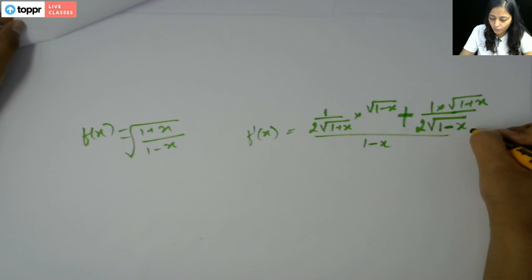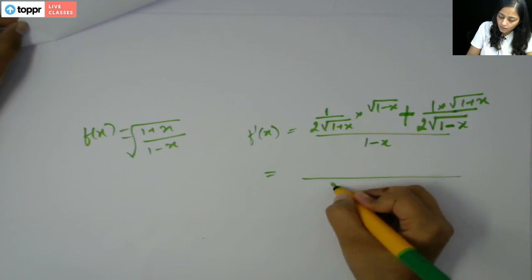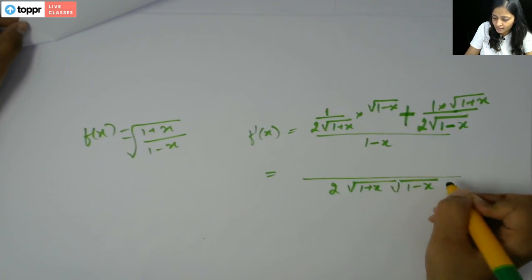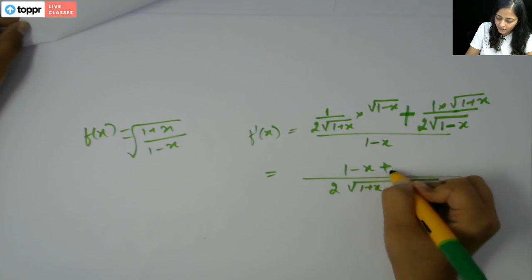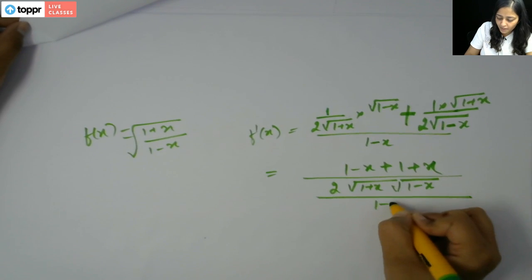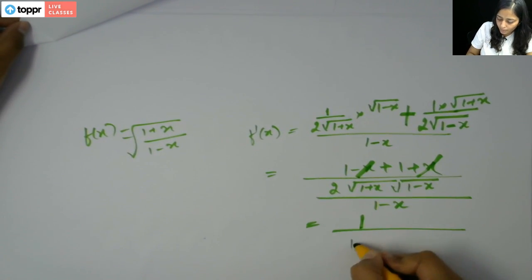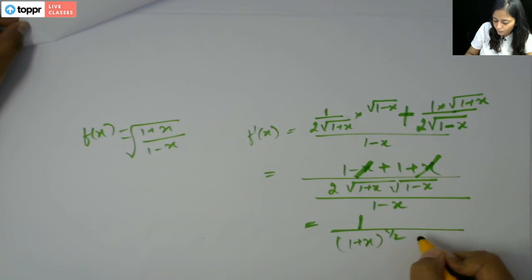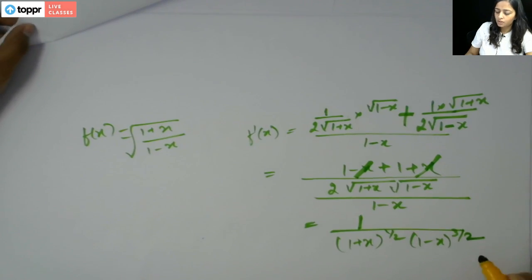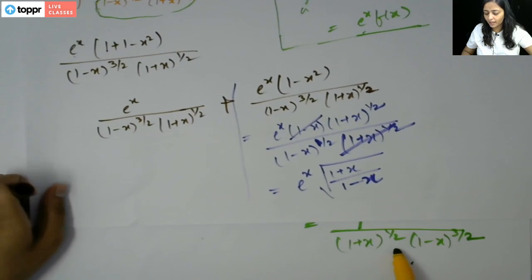This sign would become positive because we have a minus x. So it would be 1/(2√(1 + x)√(1 - x)) and here we have (1 - x) + (1 + x) divided by (1 - x). So it would be (1 + x)^(1/2) and (1 - x)^(3/2). So this is what is equal to this.